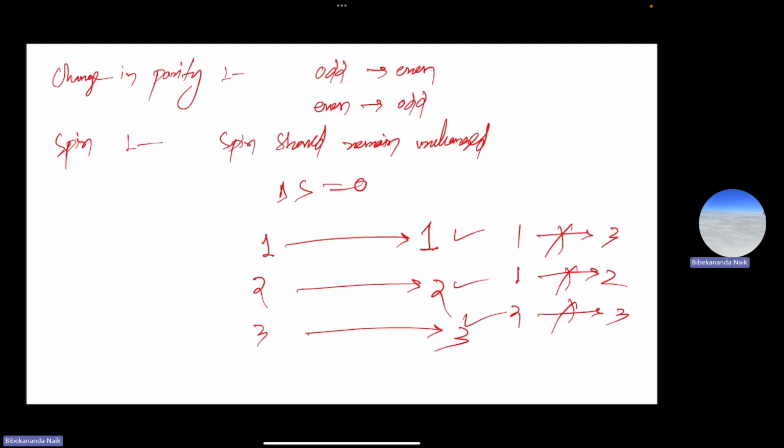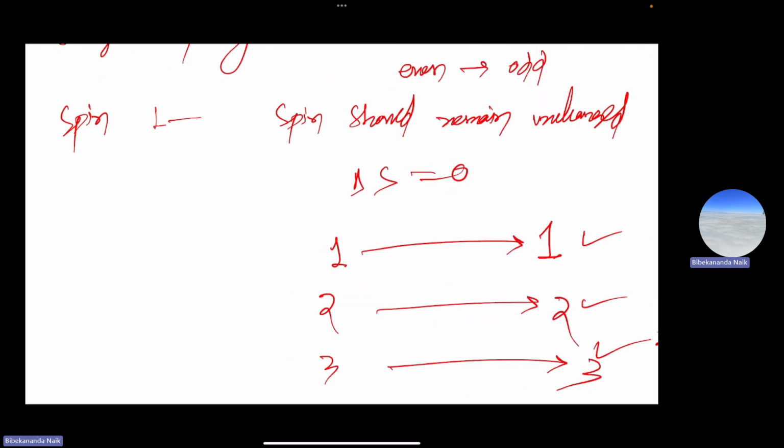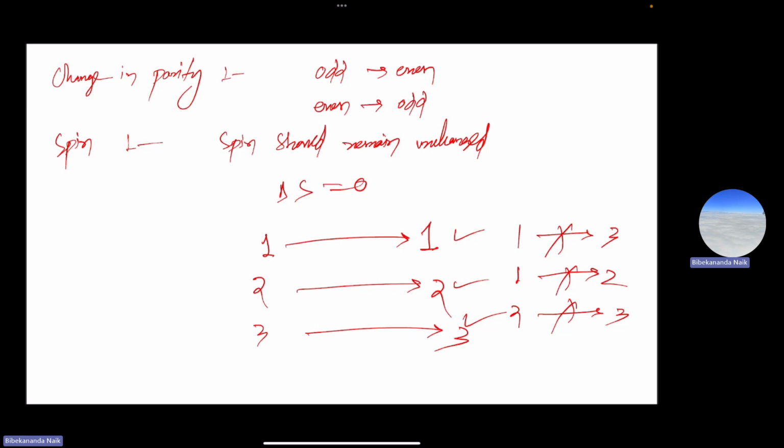So talking about the problem here, it is saying the initial state: n is 3, L is 2, isn't it? n is 3, L is 2.